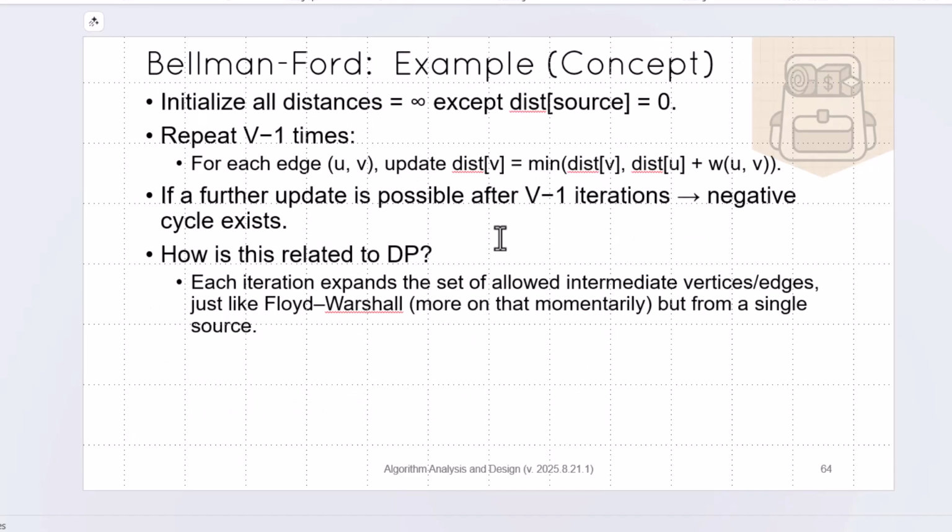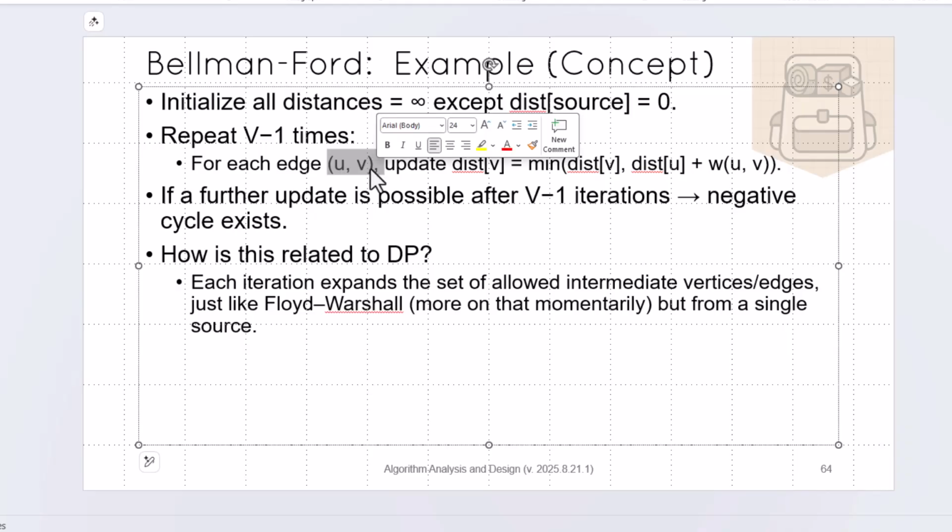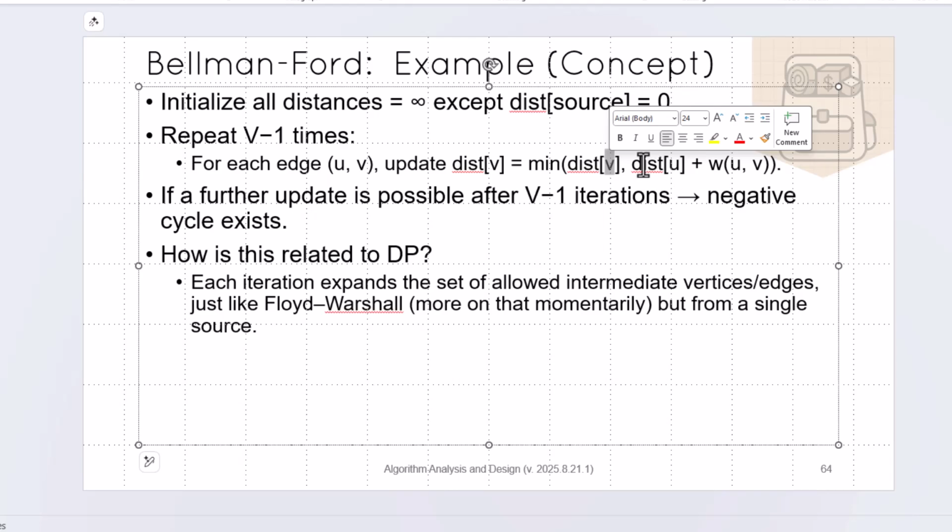the Bellman-Ford algorithm. Basic example: initialize all distances to infinity except for distance of source equal to 0. Repeat V minus 1 times. For each edge u, v, update the distance at the vertex v to the minimum of the current distance at v, comparing it to the distance of u plus w u v.